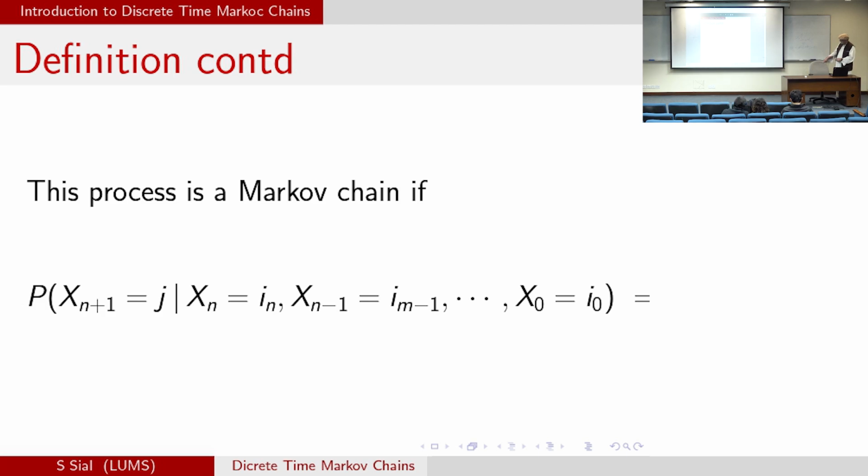So if I know all the states up to the current state xn, and I ask the probability that the system will next be in the state j, given all of the previous history, that can be calculated just by calculating the probability that it will be in the state j, given that it was previously in the state i sub n. Okay? So if it has this property, we will call this a Markov chain.